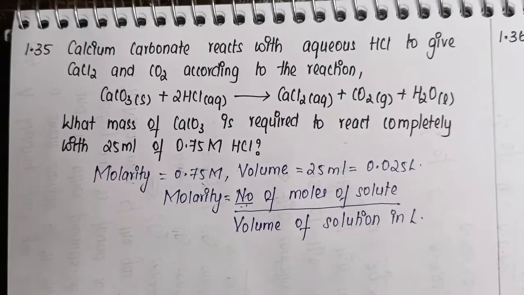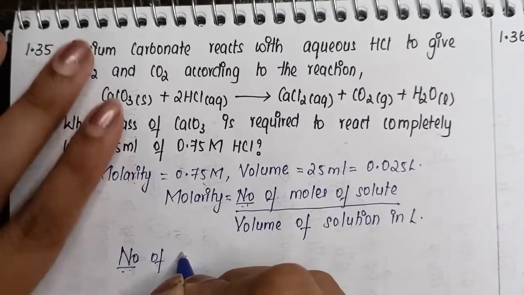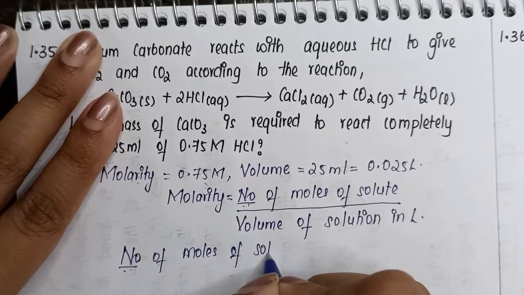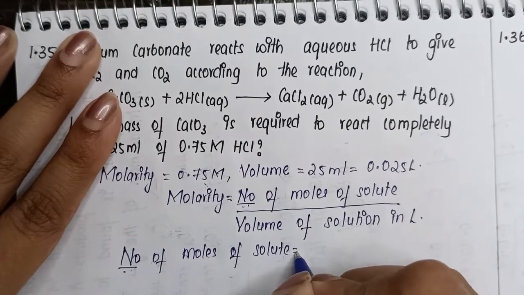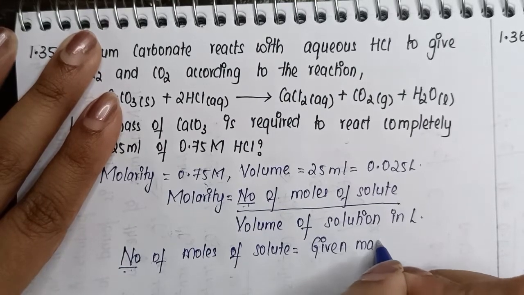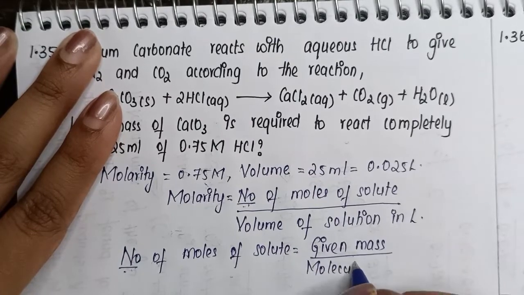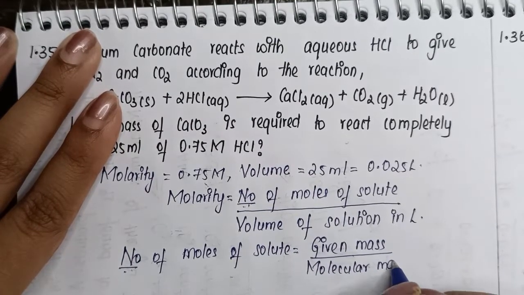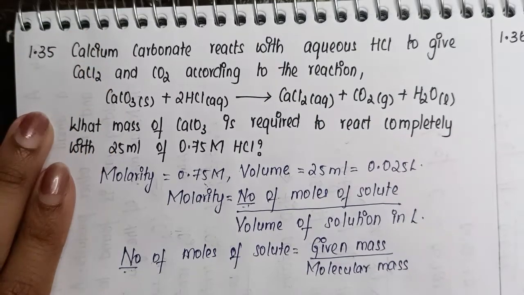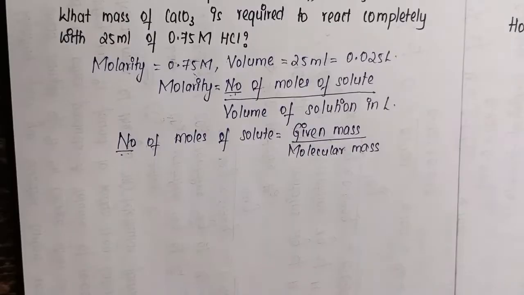So here we will write down: number of moles of solute is equal to given mass by molecular mass. Out of this, molecular mass is easy for us to calculate. So let's calculate that.